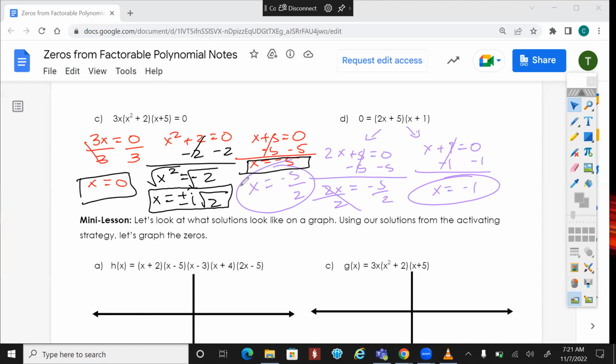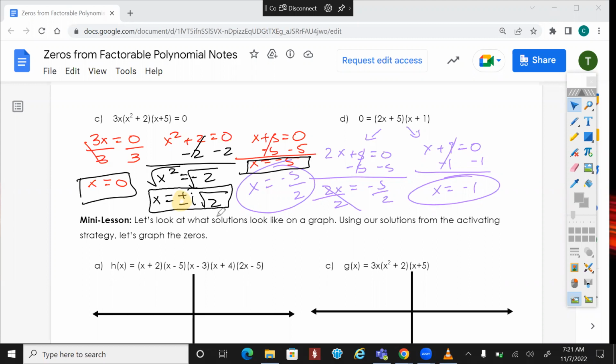My question to you, how many real solutions do I have in this equation? 2. I have x equals 0 and x equals -5. How many complex do I have? 2. Why is there 2? Because of this plus and minus right here, we have two complex solutions.